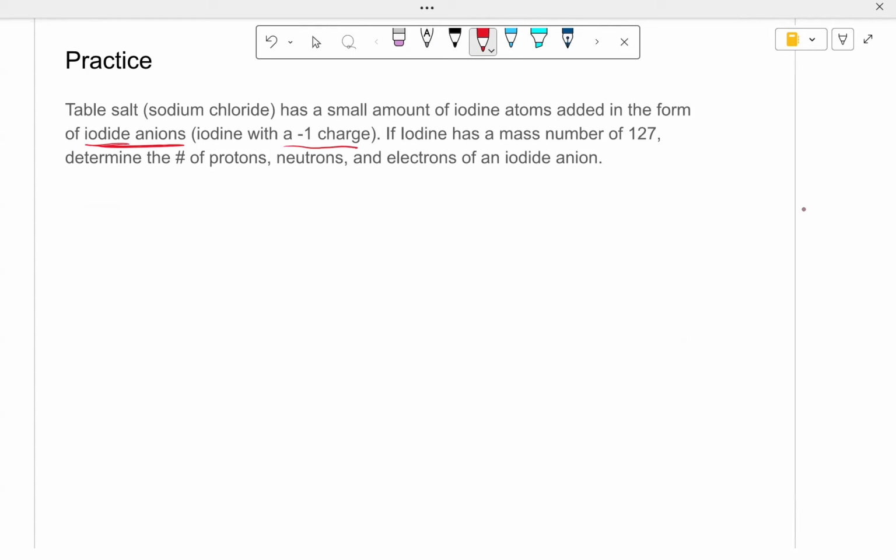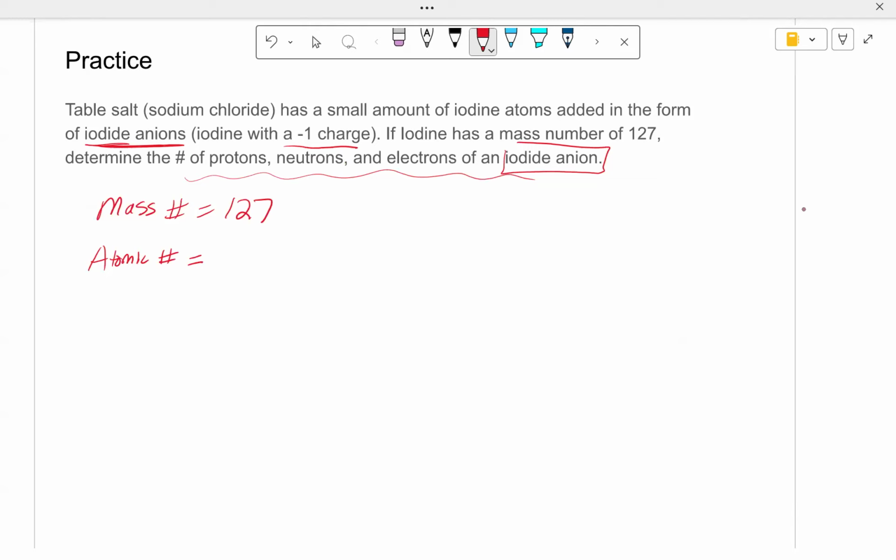So if iodine has a mass number of 127, we're going to figure out all this information about the iodide anion. So let's write down what we are given. We know the mass number is 127. Now, how do we find the number of protons, or another way to say that, its atomic number?